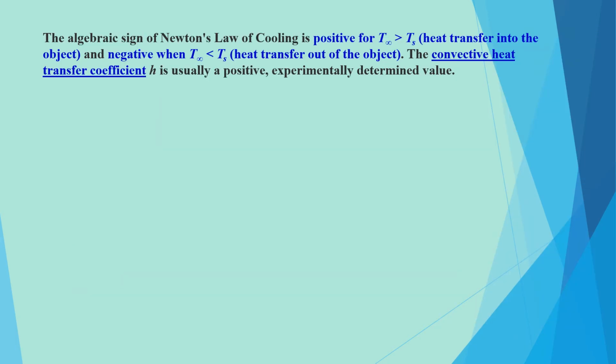The algebraic sign of Newton's law of cooling is positive for T infinity greater than T s, that is, heat transfer into the object, and negative when T infinity is less than T s, that is, heat transfer out of the object. The convective heat transfer coefficient h is usually a positive, experimentally determined value.